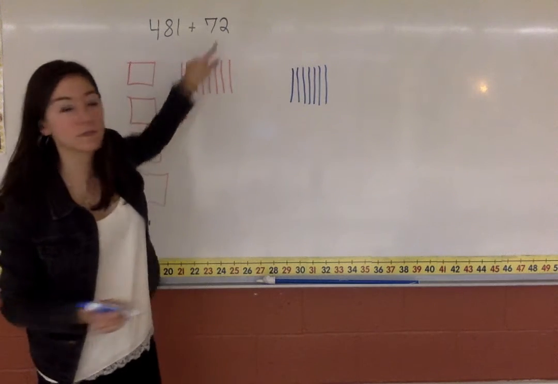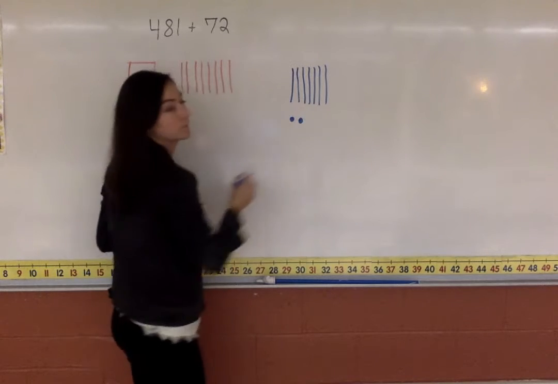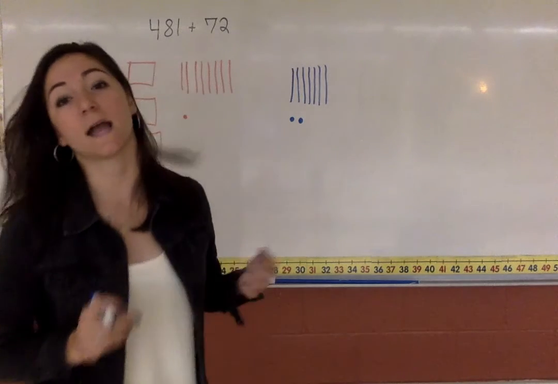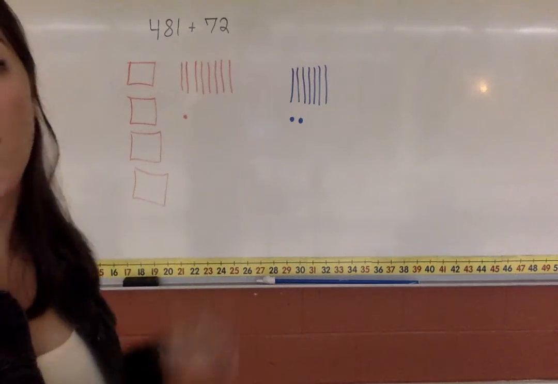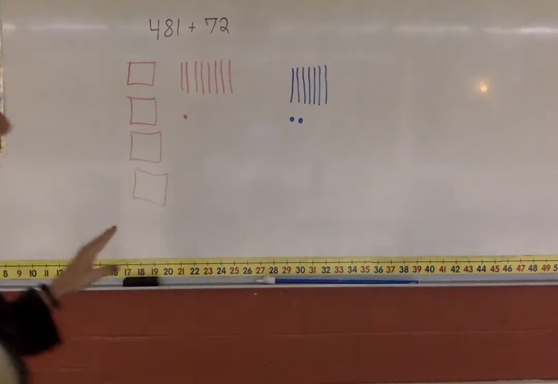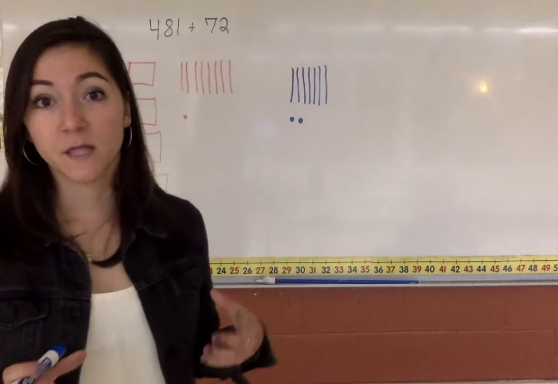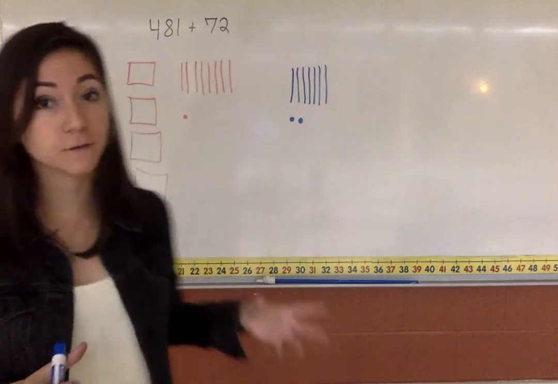And then I have 2 in the ones place. So 1, 2. Okay. Now when I'm adding, it's really easy to just draw the numbers, and then what you need to do to solve is just count up how many you have in all. So this is kind of similar to place value because we draw the numbers based on their place value.